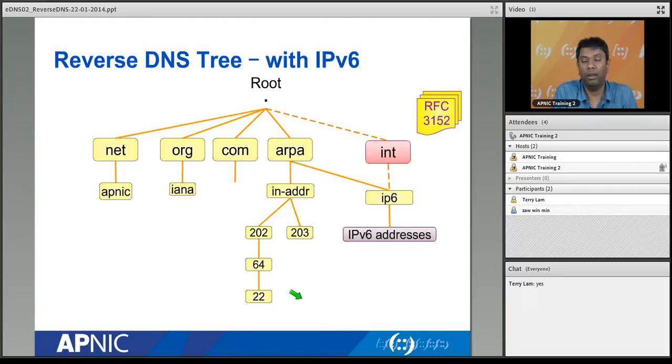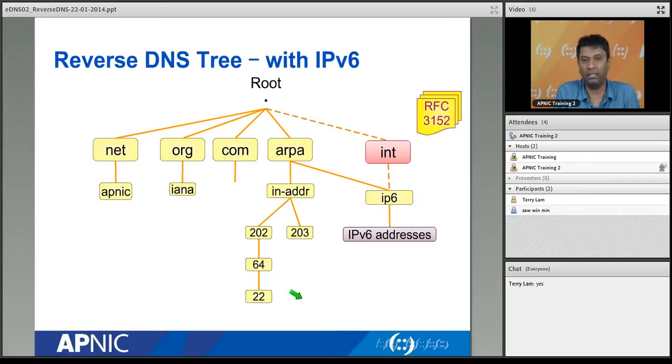For example, in IPv6 there are 32 hex digits, right? And APNIC being a registry, they allocate by default a /32 to a service provider. When they allocate a /32 for a service provider, the service provider will receive 8 hex digits from APNIC.